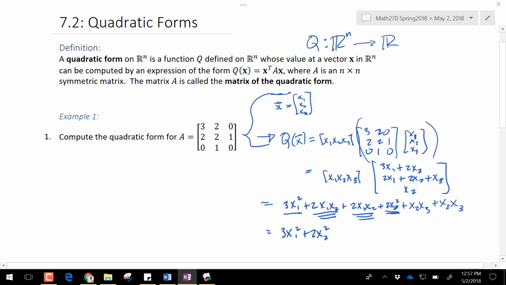So there's two of them. 2 times 2 plus 2 is 4. So that's 4 x1 x2. And then 2 x2 x3. So when I asked what you think of when you think of a quadratic, I was hoping somebody would say it's like a polynomial of degree 2. So this is like a polynomial of degree 2, except it has extra variables, x1, x2, and x3.